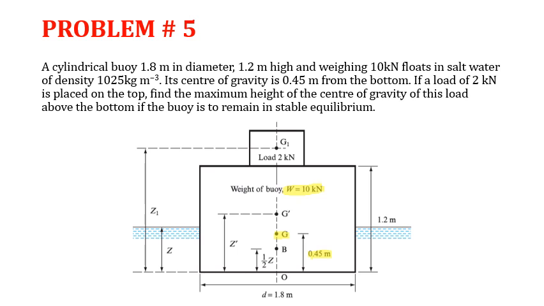An additional load of 2 kilonewton is applied, and its center of gravity is G1 and the distance from the bottom is Z1. As additional weight has been applied, for the complete body of 10 plus 2, that is 12 kilonewton, the center of gravity will be shifted, and the new position of center of gravity is G dash, and its distance from the bottom is Z dash.